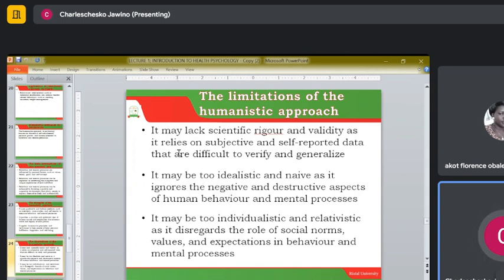It focuses on the idea that maybe he is behaving like this because he doesn't know the truth. We have those people who say, I was stealing, I'm a thief, because I don't know whether theft is bad. Some people can say that. So the humanistic approach has that limitation.